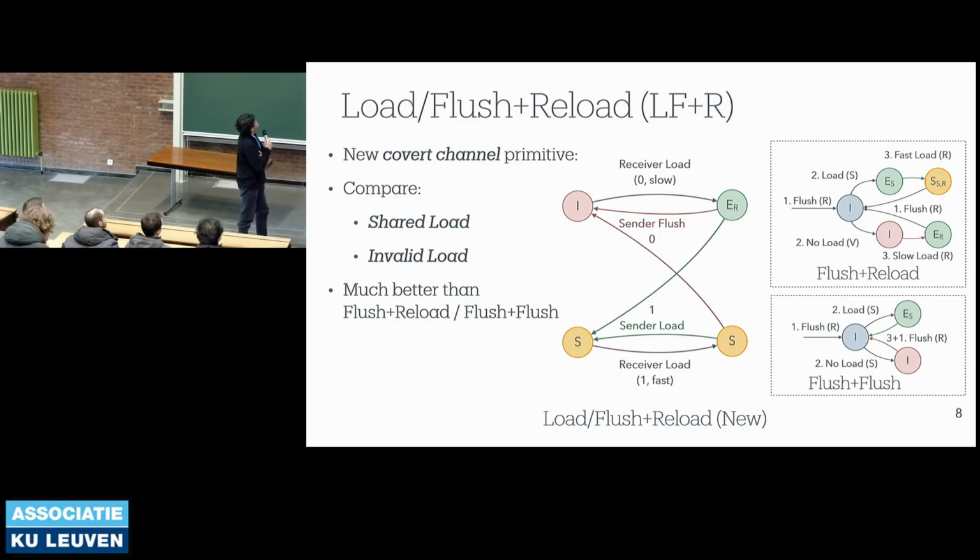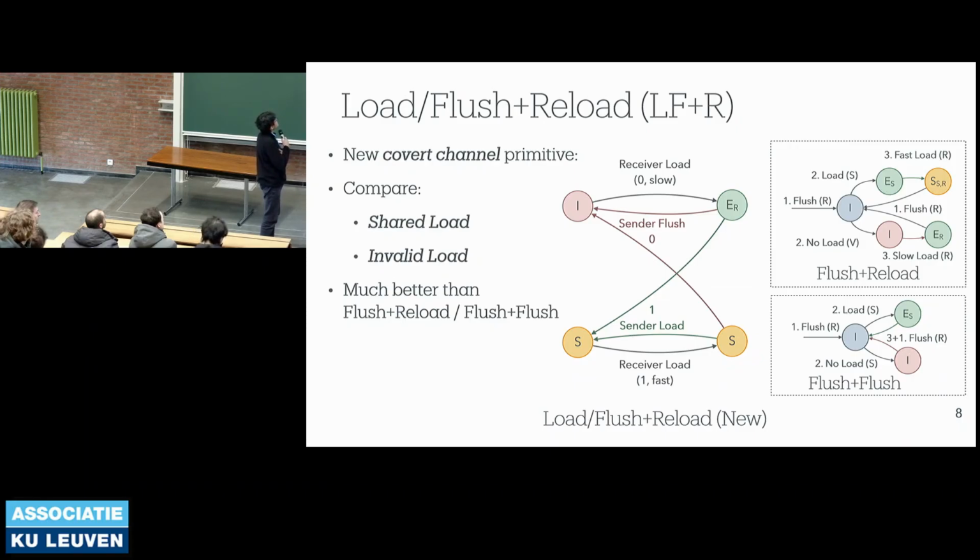So the idea is, on the right side, you see the cache coherence transitions in both attacks. If you take the flush and reload attack, you have your start, which is initially in the invalid state after you flush it. If the victim, or the sender, does a load, you move into the exclusively-held-by-the-victim state.